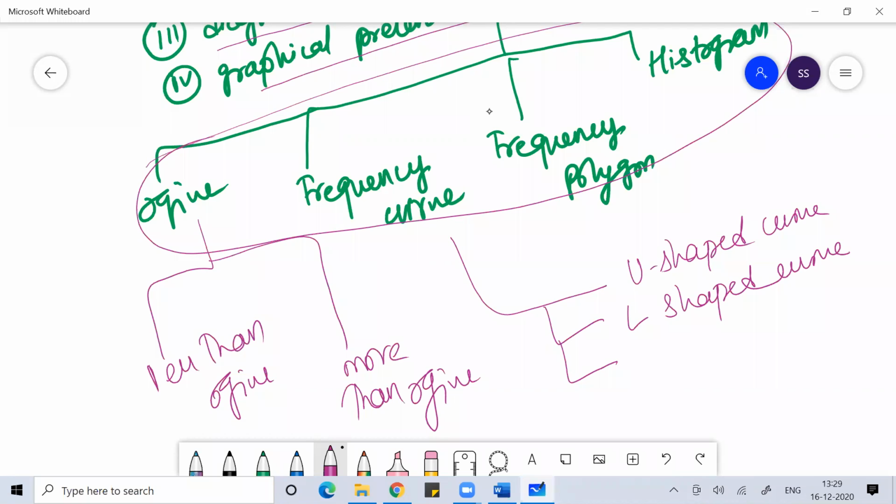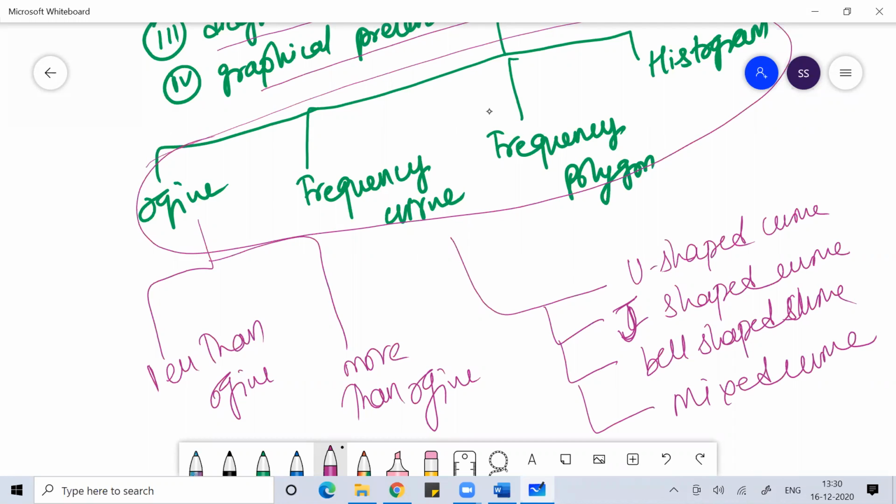Okay, bell-shaped curve. So it can be a bell-shaped curve. It can be a U-shaped curve. If it is not L, it's a J-shaped curve. It can be a bell-shaped curve, or it can be a mixed curve. So we'll talk about them in frequency curve. All this we'll discuss tomorrow.